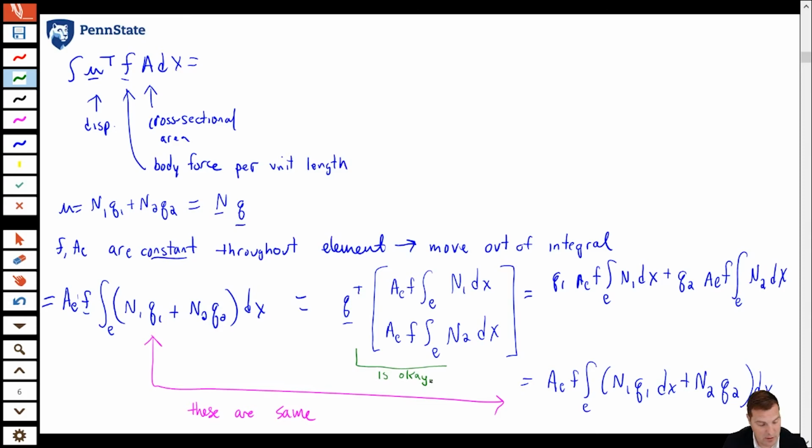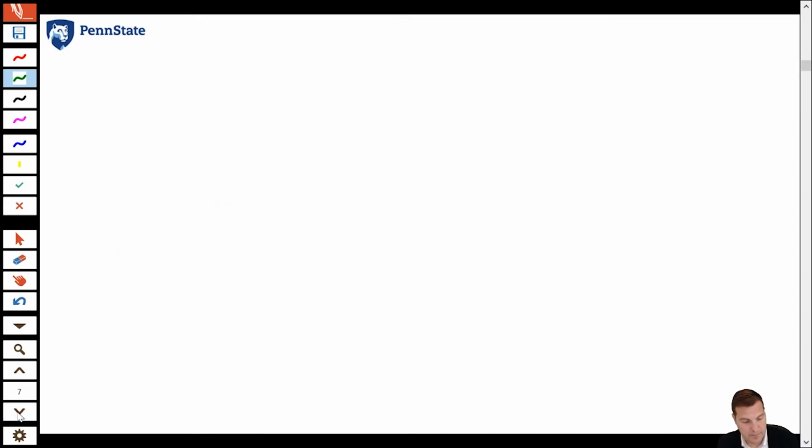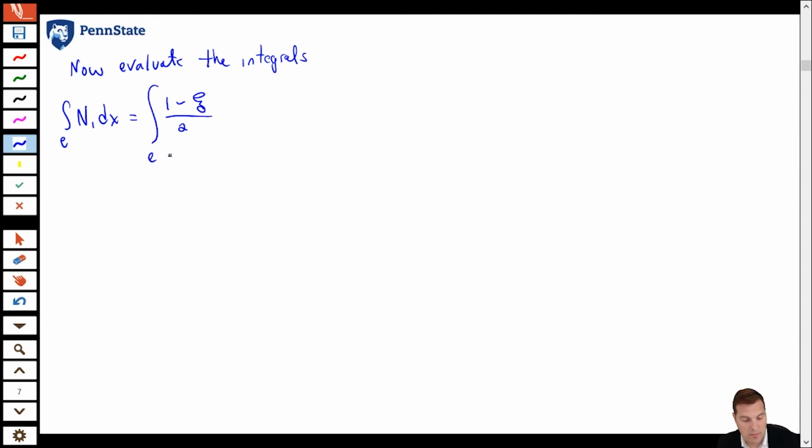All right, then we can evaluate these integrals. Over the element, we have the integral of n1 dx. That's going to be equal to 1 minus psi over 2, and we have dx.